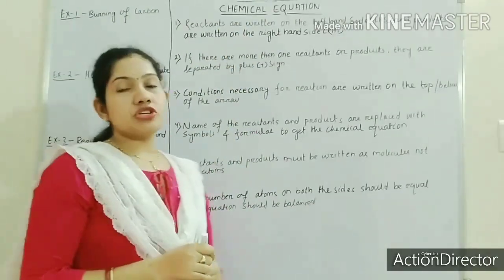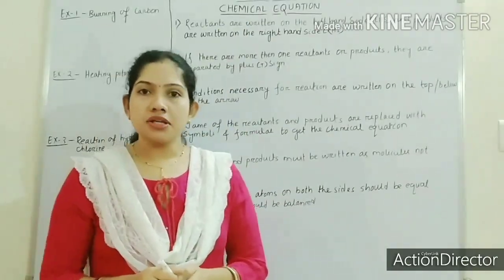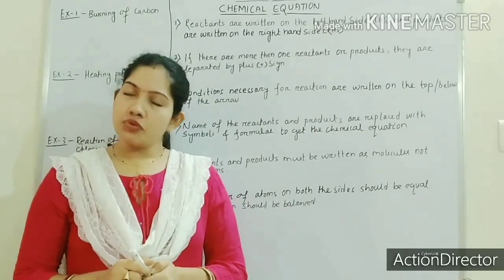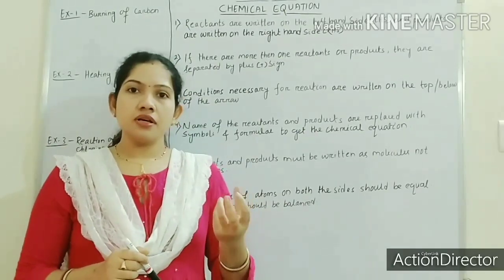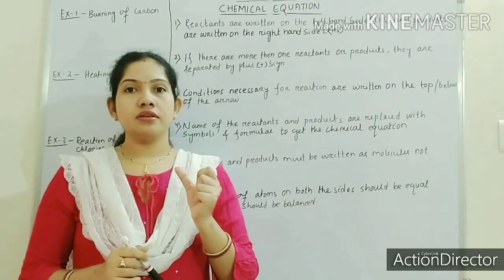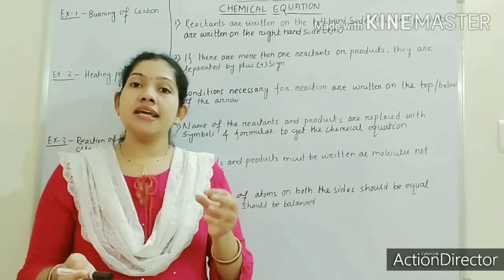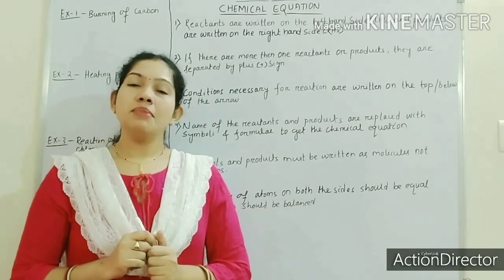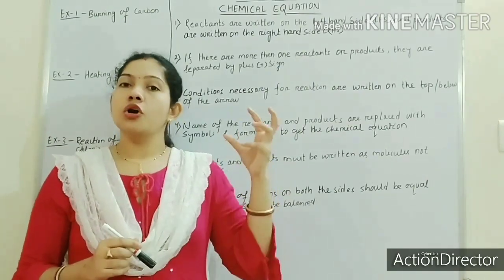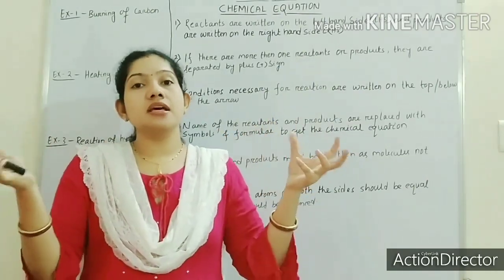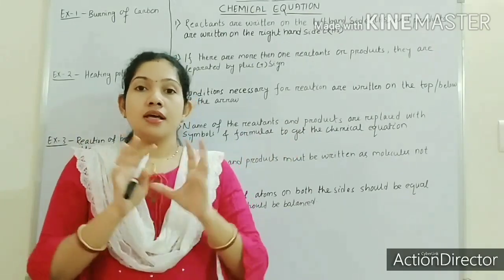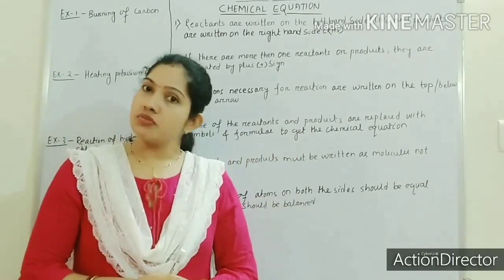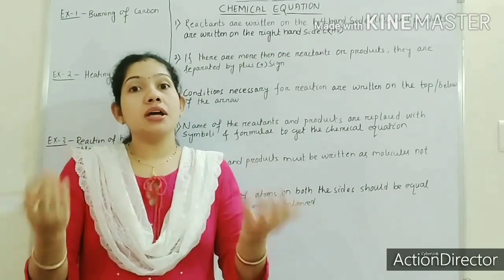Here, chemical equation. What do you mean by a chemical equation? Chemical equation means whenever a chemical reaction is represented in its symbolic form, we call it a chemical equation. Already we have discussed, when two reactants come closer to each other, they will change their electronic configuration and they will form a new product.